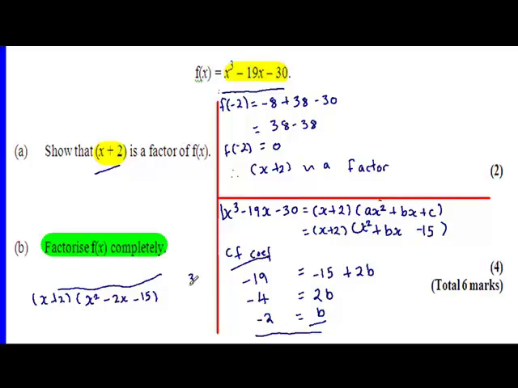The 15 is made up of 3 and 5, leaving a difference of 2, which can be written as x and 5 and x and 3. We know that the initial factor is x plus 2, and in order to get a difference of 2 which is negative, that will be negative 5 and it would be plus 3.